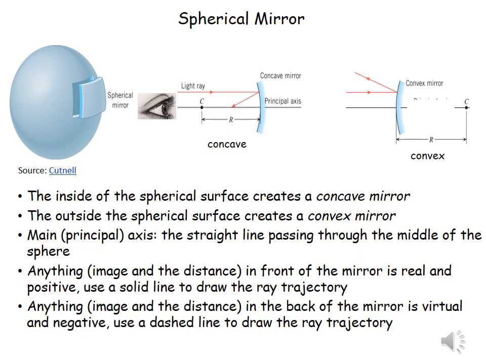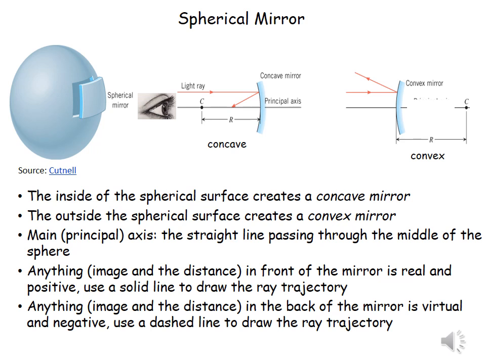The spherical mirror. The inside of the spherical surface creates a concave mirror, while the outside of the spherical surface creates a convex mirror. The main or principal axis is the straight line passing through the middle of the sphere.